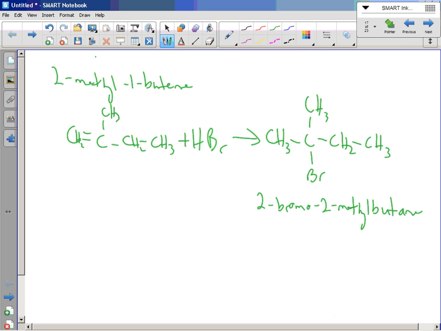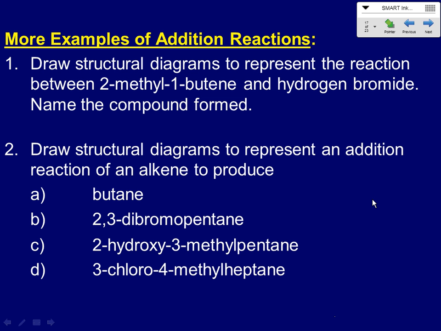Now the next examples are a little tricky, and this is where, if you're good at this, you have the potential to be a good organic chemist. What we do in the next examples is we tell you the product that we want. We tell you what we want to be formed, and then we ask you to draw the reactants.